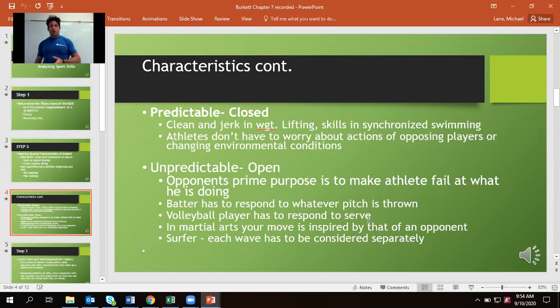Now, it's not to be said that there aren't mistakes that happen in your predictable sports, and you have to make changes very rapidly to make sure that you're still going to be successful, but unpredictable is more of the nature of the sport. So with the difference between predictable and unpredictable, is there any sport that right now you guys are kind of on the fence about which one it would be?